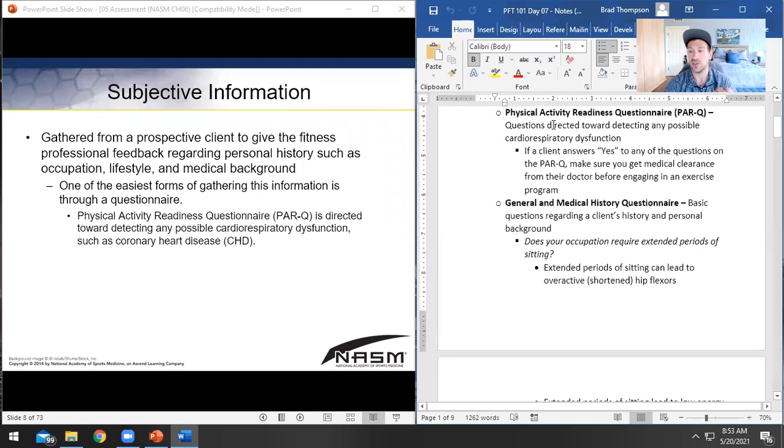These questions are directed towards detecting any possible cardiorespiratory dysfunction, so most of the questions on there are cardiorespiratory based. There is one that also asks if you have any bone or joint issue that could be made worse by exercise. Basically, we're just looking to see if it is even safe for us to continue with this assessment process.